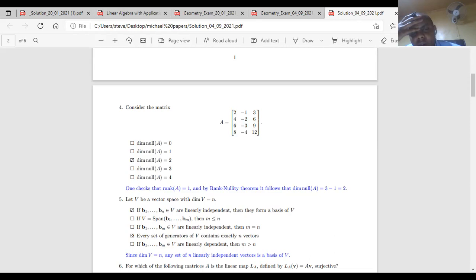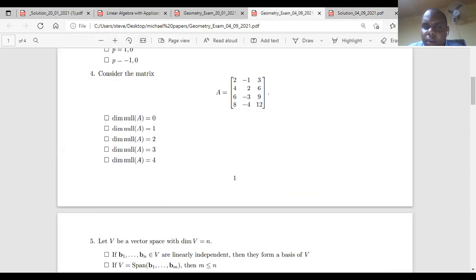The rank of A is 1. It's very weird because I went on the internet and searched for a rank calculator, and I inserted the matrix, and it says that the rank is 2.